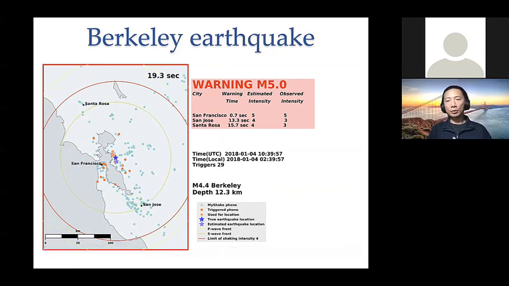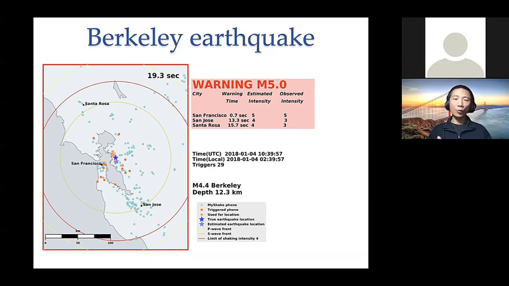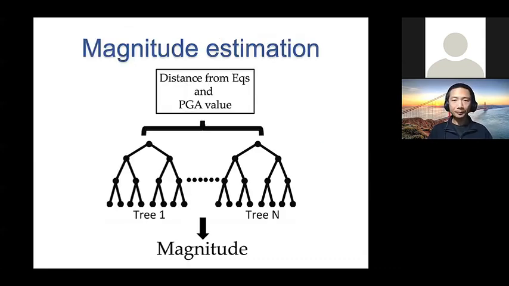Even San Francisco can get about 0.7 seconds, but San Jose here, where a lot of the Silicon Valley companies are, can get about a 13 second warning. This is how we use smartphones in action to detect earthquakes.